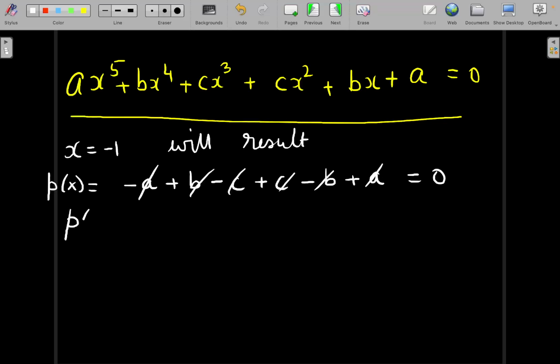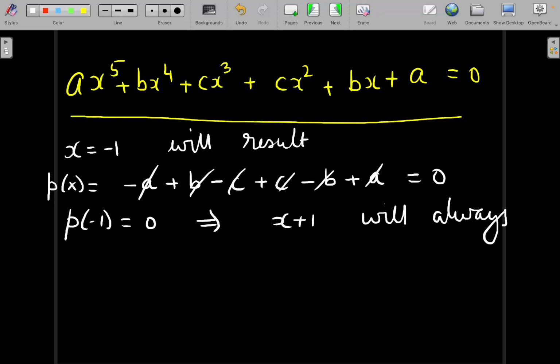What I really meant to write was p of minus 1 equal to 0, and this implies that x plus 1 will always be a factor of an odd degree reciprocal polynomial.